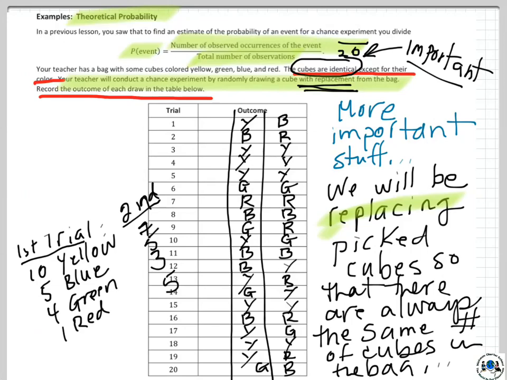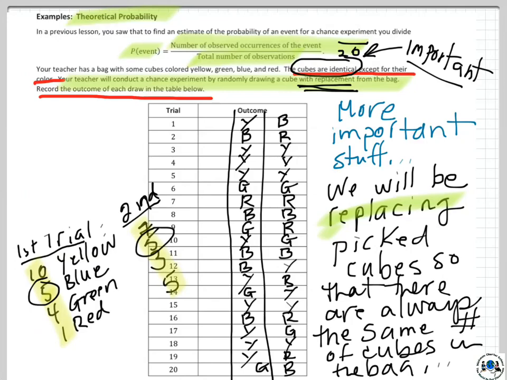So what we might have been guessing about the contents of the bag after my first trial might be switched or adjusted based on the results of my second trial. As you see, those are quite different, with the exception of the blue, which was 5 both times.